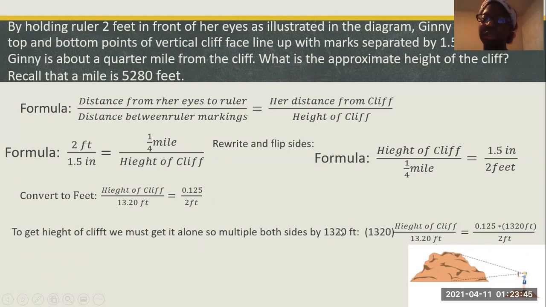So we'll multiply everything by 1,320, and that applies over here too. So we'll have 0.125 times 1,320, and then over 2 feet, to give us the height of cliff equals 82.5 feet. And that's the end. Thank you for watching my presentation.